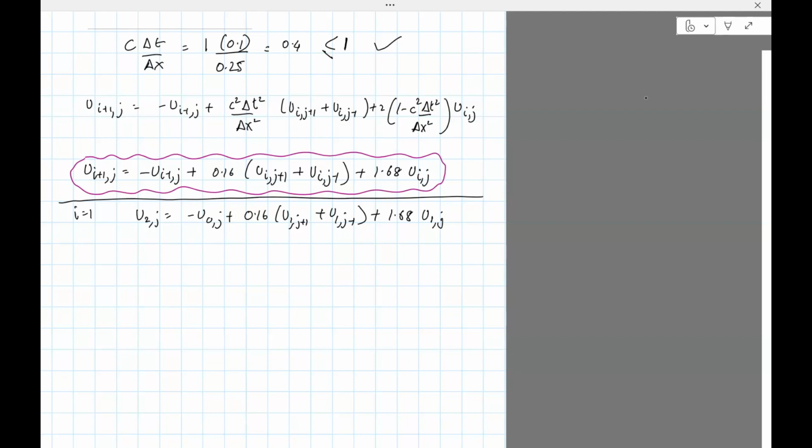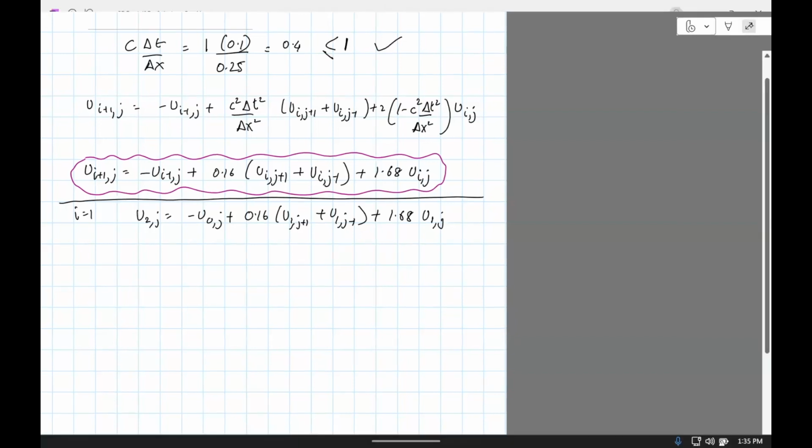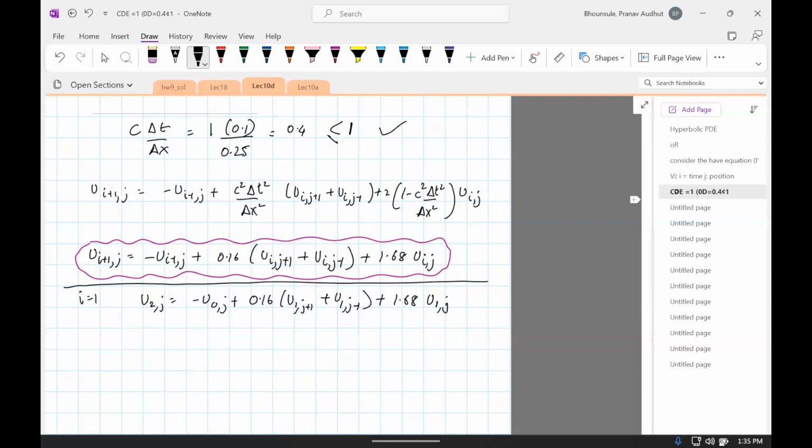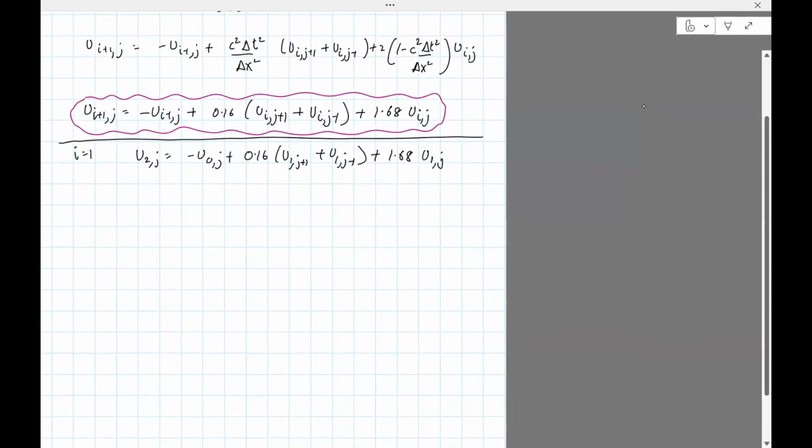Okay, so I'll have to circulate along j. Now j is the index for x. It goes from 0 all the way to 4. Okay, so j goes from 0 to 4.